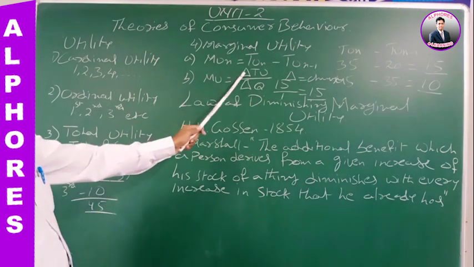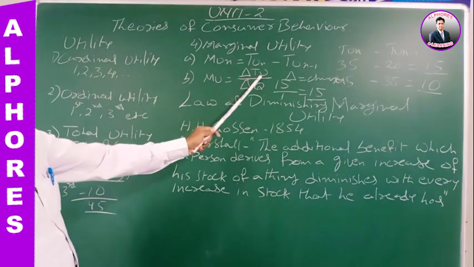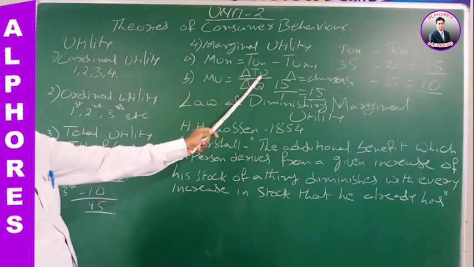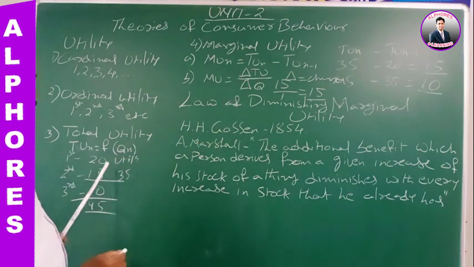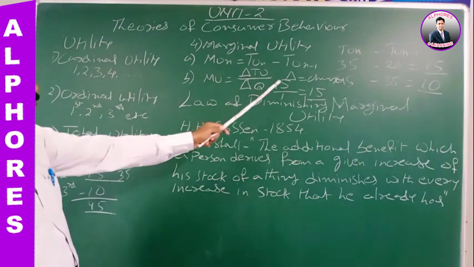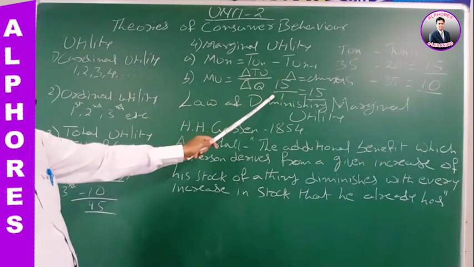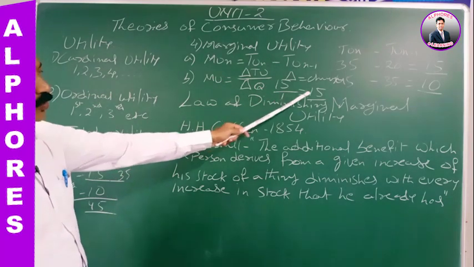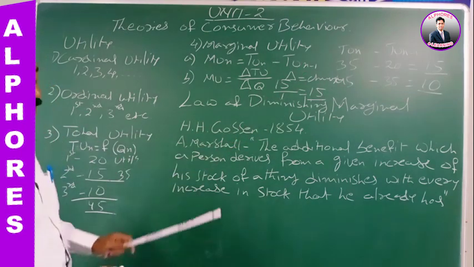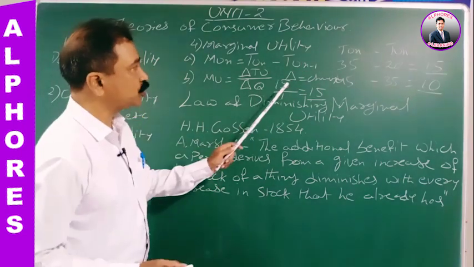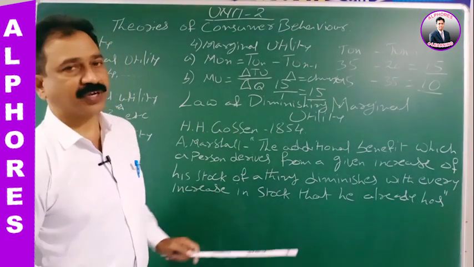So delta TU is the difference between the previous TU and the present TU, which is 15. And the quantity difference is 1. 15 divided by 1 is equal to 15. That is the marginal utility. These are the two methods we use to measure marginal utility.